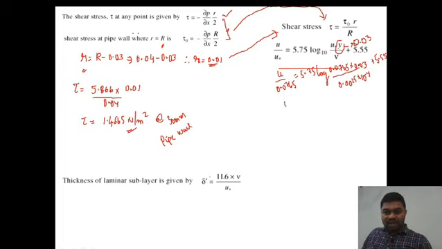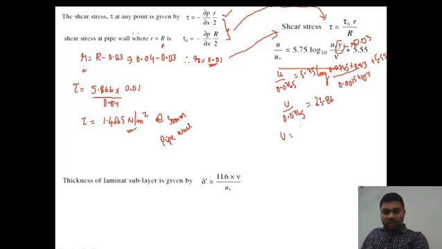If you calculate this, it becomes u by 0.0765 is equal to 23.86.